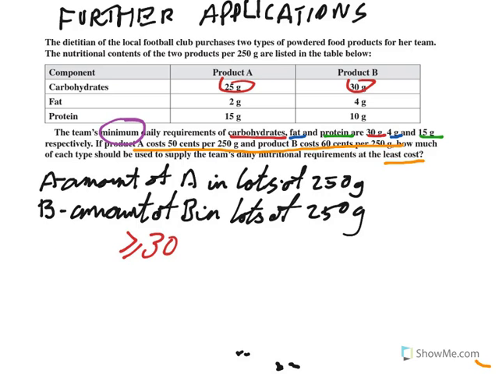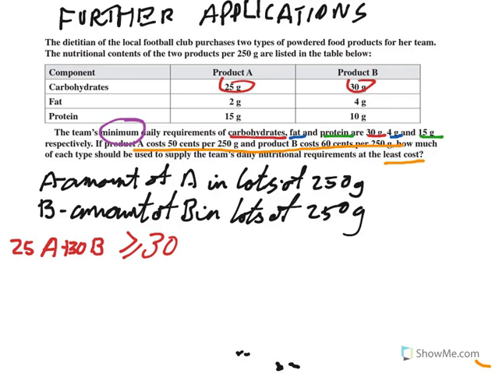So for product A, in each 250 gram lot of that, we get, oops, got the wrong way around there, haven't I? 25 grams for product A, I need to read the table properly. Plus from product B we get 30 grams of that. And that's got to be at least, so greater or equal to 30.